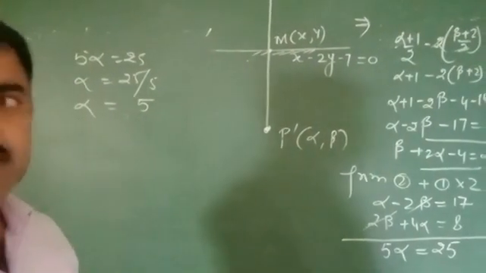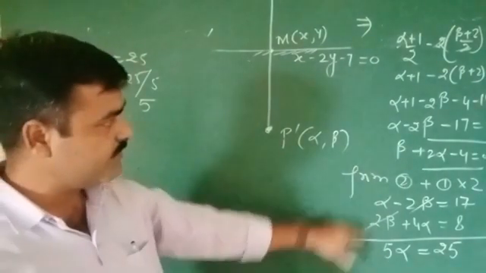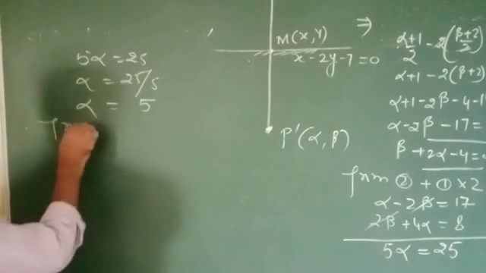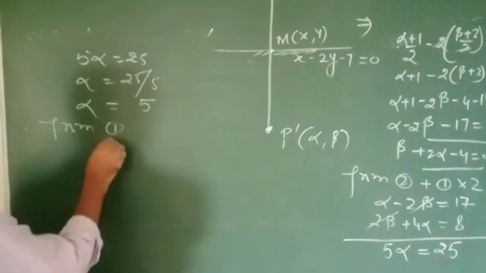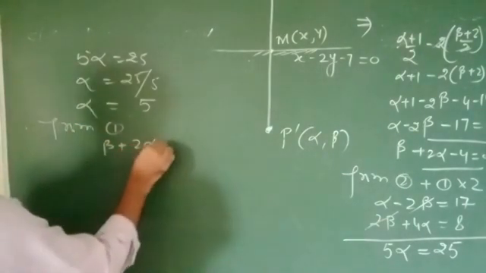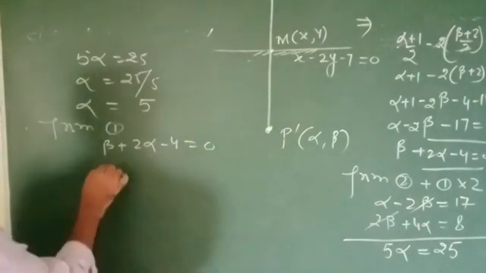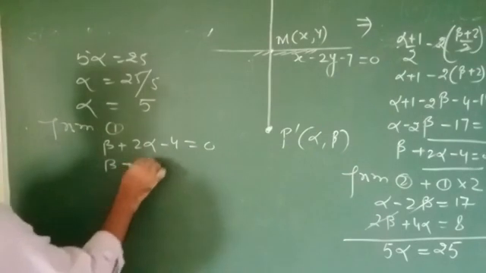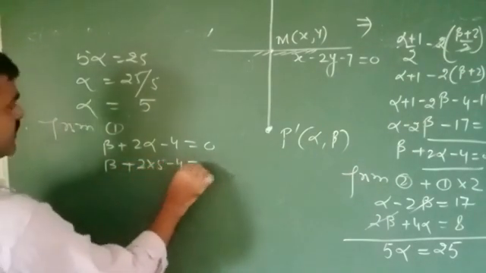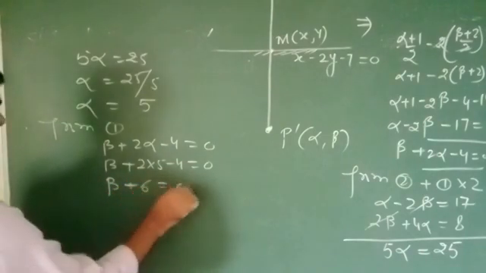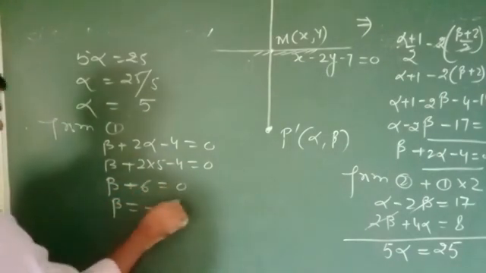Then to find the value of beta, put the value of alpha in either equation. So from the first, beta + 2 alpha - 4 = 0. Put the value of alpha here: beta + 2 times 5 - 4 = 0. 10 - 4 is 6, so beta + 6 = 0. Beta = -6.